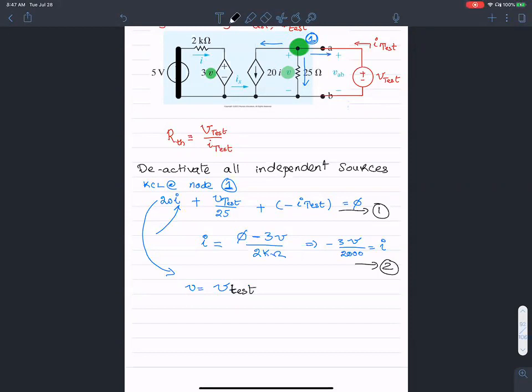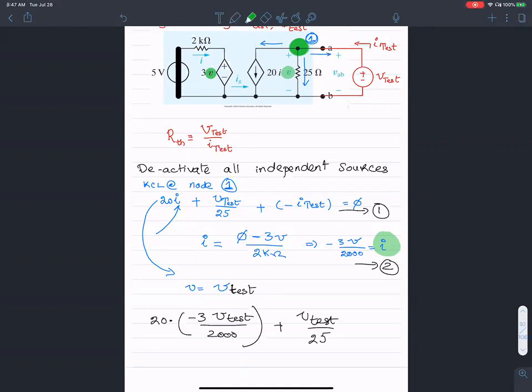Okay. So now I'm going to plug in this 20 times I is negative 3 V test over 2000, because this I value is negative 3 V test over 2000. I'm going to plug it back in here, plus V test over 25.